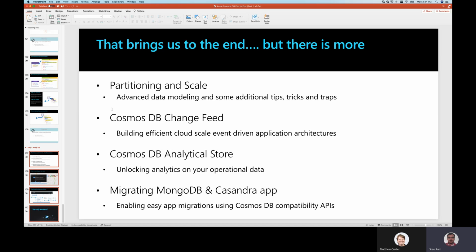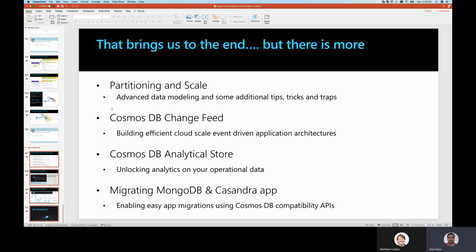Change feed is something where, as something changes in Cosmos DB, the microservices can pick it up and send those changes downstream. For example, if you have a collection called customers, and a customer name changed in the customer collection, and you want to propagate that change to many other containers, change feed will come in handy.